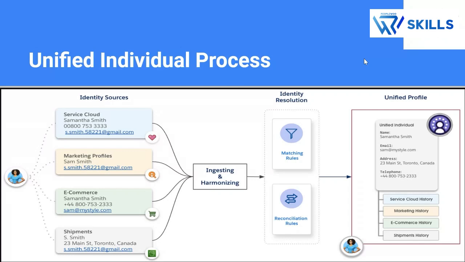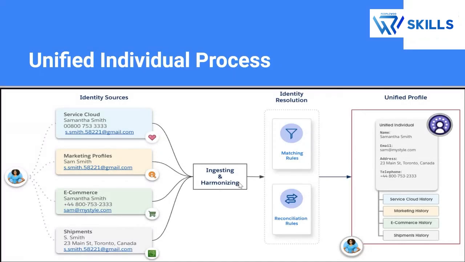If you look at this diagram, we have different sources like Service Cloud, Marketing Cloud, e-commerce, and shipment platforms, where we have different profiles of the same customer. What we have done is harmonize them to have a single unified profile.